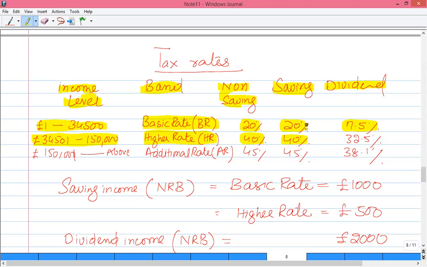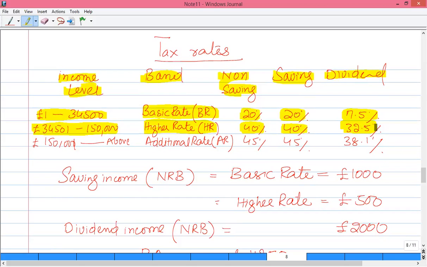Saving income is again double, but on dividend you have to pay 32.5% on the excess income. And if the person is wealthy enough that their income is 150,000 or above, the person is classified as an additional rate taxpayer. Their income tax rates are now 45%, similarly 45% on saving income, and on dividend the maximum rate is 38.1%.